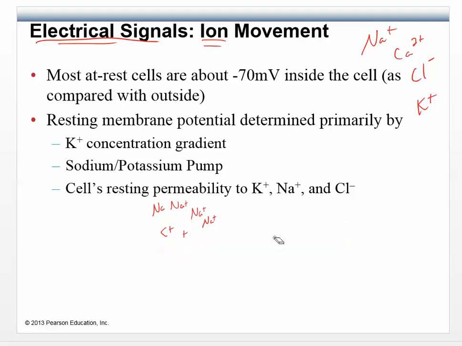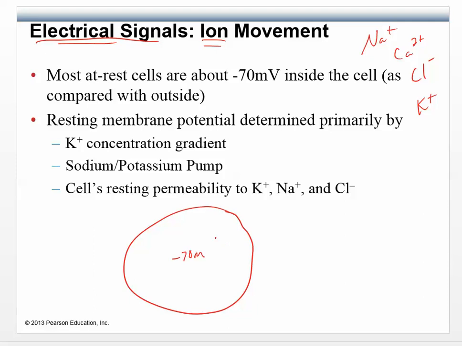So if we get rid of the neuron and we just draw this as a cell, we can still think of it as a neuron, but it's just much easier if we have it as a big circle. And we say that it's minus 70 millivolts on the inside. If you ask yourself this question, do you think sodium wants to go in the cell?